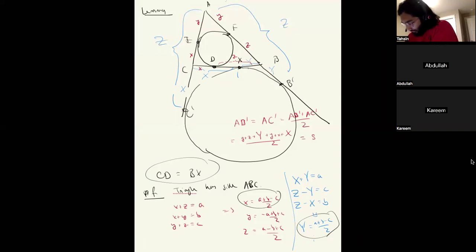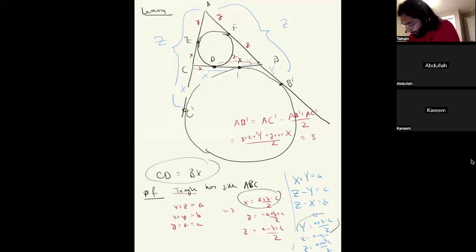Yes. Yes, we can use this to prove what we proved above. So the conclusion will eventually be, as you said, capital Y will be A plus B minus C over 2, capital X will be A minus B plus C over 2, and then capital Z will be the semi-perimeter.